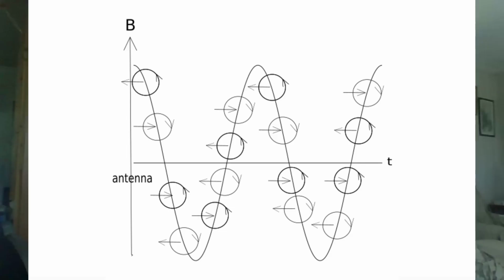Now if we look at the magnetic field a bit further away from the conductor or from the antenna, then we have a sinusoidal variation of the magnetic field. That is to say, we have a slope of the magnetic field, as you see in this figure here, which is varying.